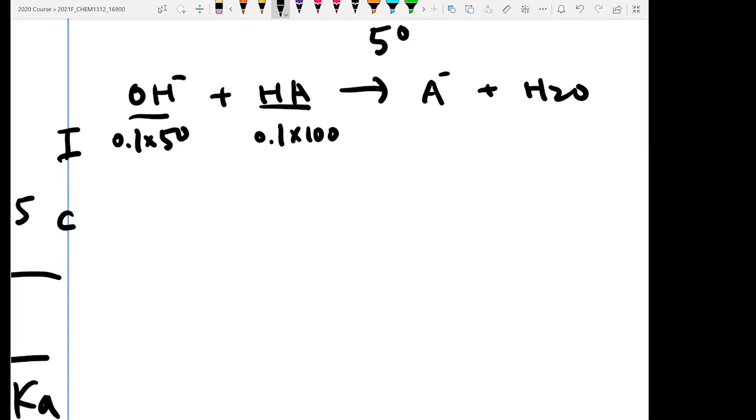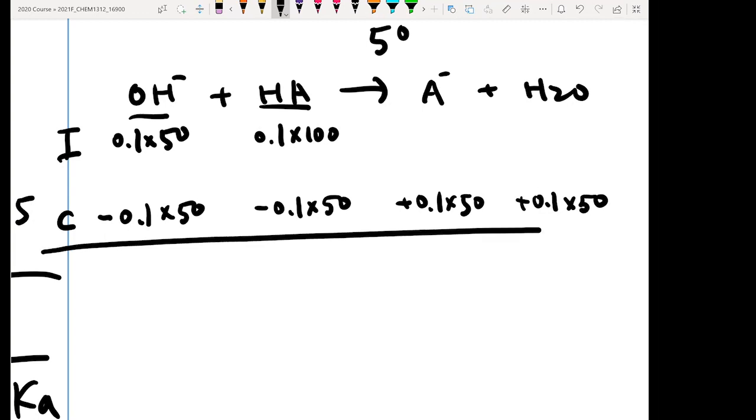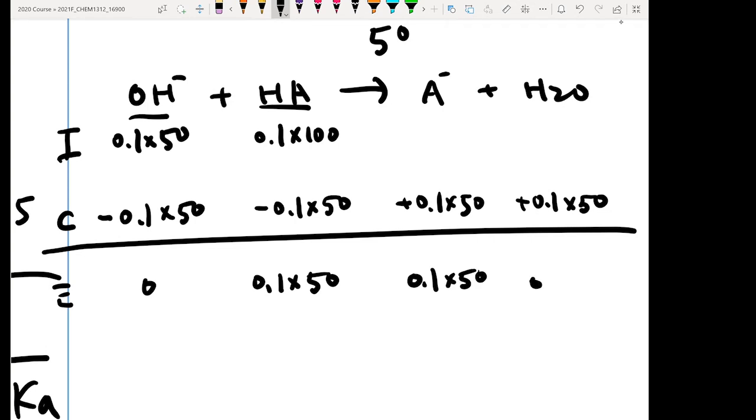So I'm going to subtract 0.1 times 50 from each, and produce 0.1 times 50 of A minus and H2O. I reach the new equilibrium where the OH minus is 0, your HA is 0.1 times 50, your A minus is 0.1 times 50, and H2O is 0.1 times 50.